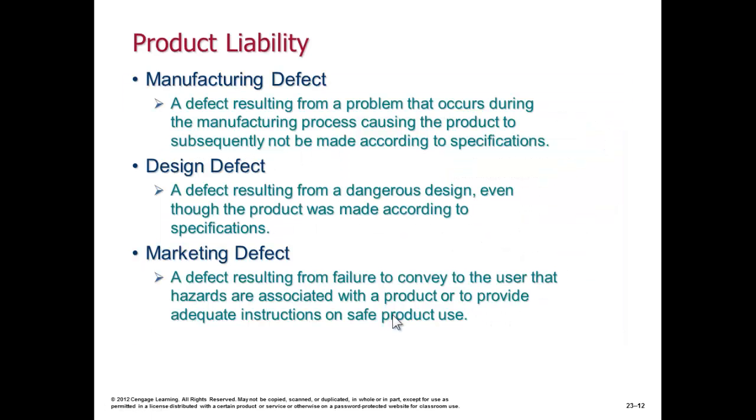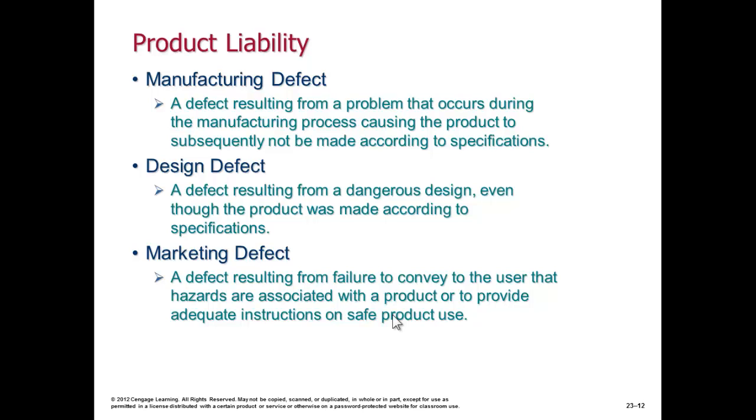Product liability, let's talk a little bit about that. We mentioned it a moment ago. You could have a product liability. You have a manufacturing defect, or if you have a design defect, this is a fundamental flaw that has occurred because of the particular type of design you have. Or you could have a marketing defect. This is a defect resulting from failure to convey to the user that hazards are associated with a product or to provide adequate instructions on safe product use.